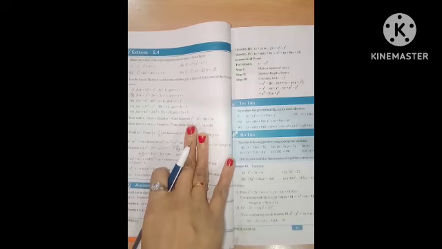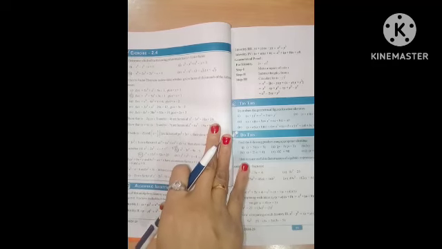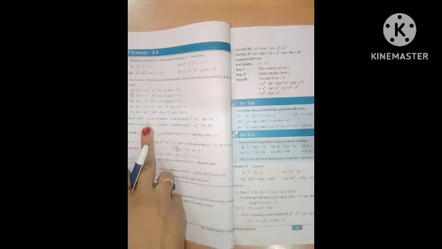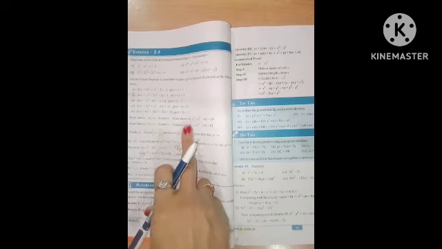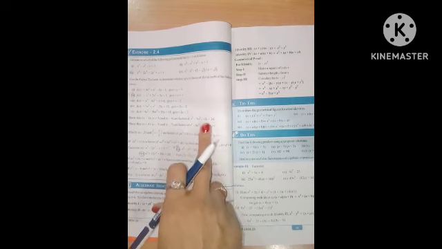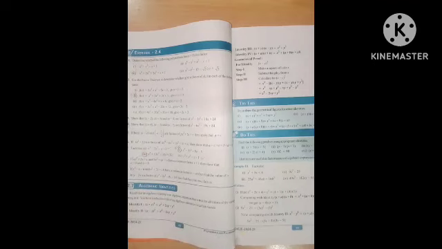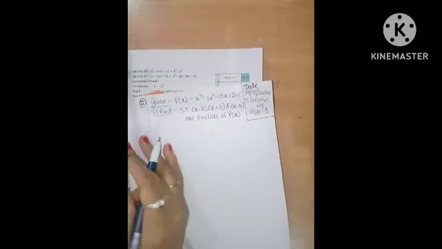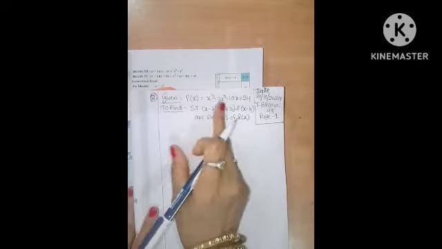P of x is given, one polynomial, and next three factors are given. Show that these are all factors of p of x or not. First, how to write the given data in our problem.